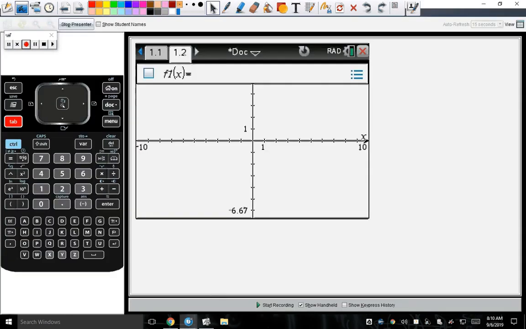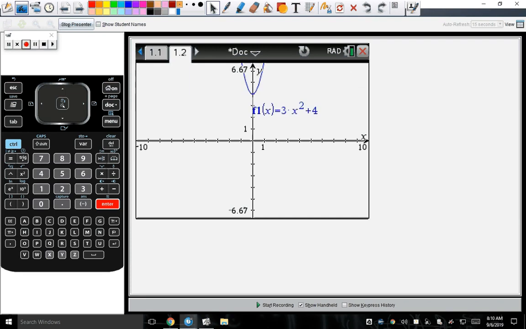So you can press that x squared button right next to 4, and we're going to do plus 4. So there's 3x squared plus 4. It's basically this kind of shape that goes on up forever and ever. And what we want to know is, is the inverse of this a function?